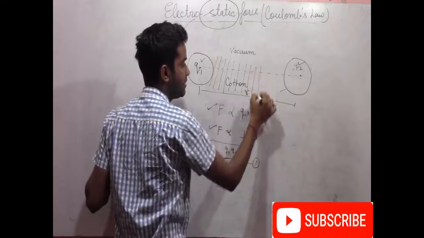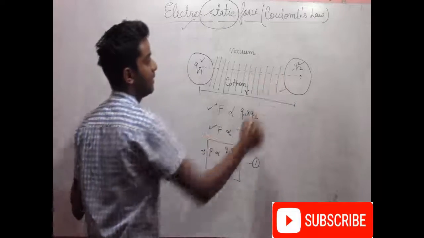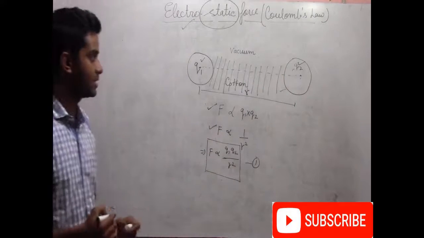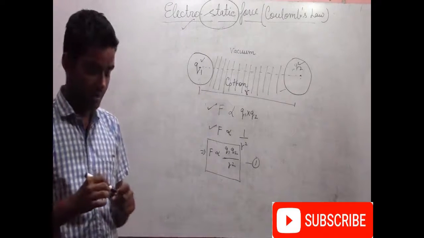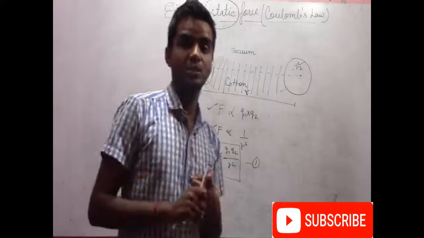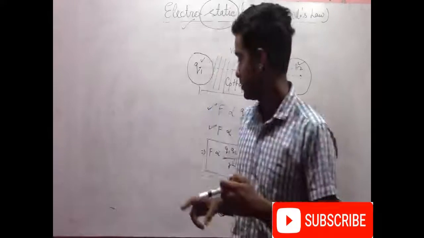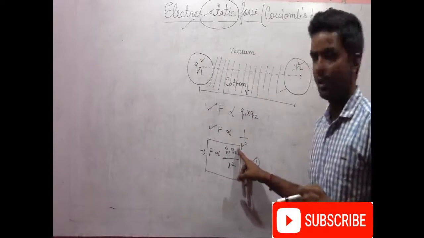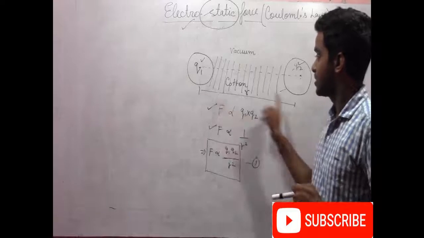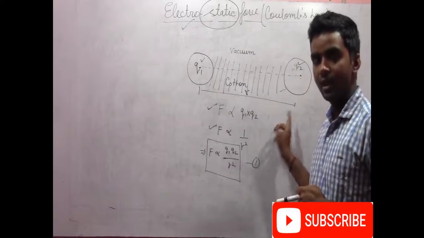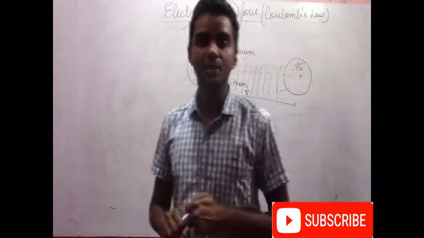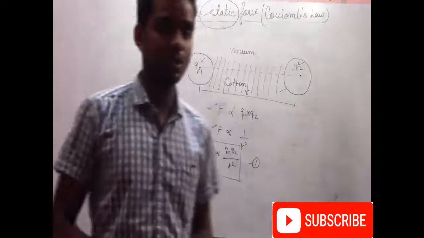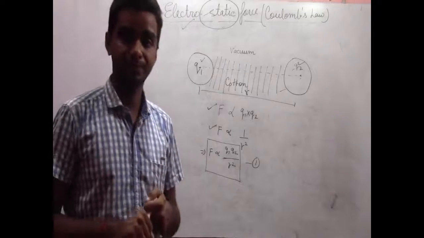If you change the medium, you will see that the electrostatic force between the charges changes. So the electrostatic force depends on the charge magnitude, the distance between the charges, and third, the medium between the charges. These are the three factors on which the electrostatic force depends.